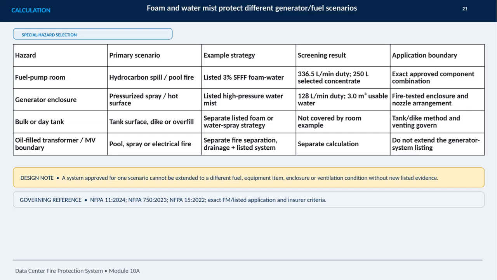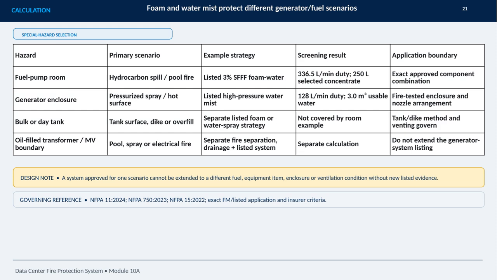This slide is about selecting the protection method based on the specific fire scenario, rather than treating all generator and fuel hazards the same. The system listing must match the actual hazard, equipment, fuel, enclosure, and ventilation conditions. For a fuel pump room, the example is a hydrocarbon spill or pool fire, addressed with a listed 3% SFFF foam water system.